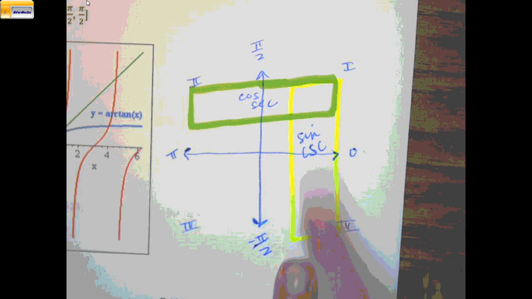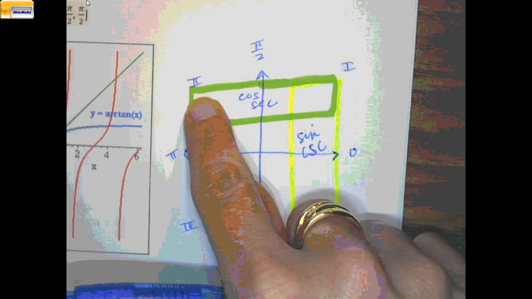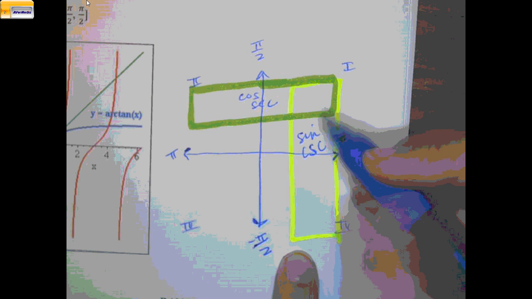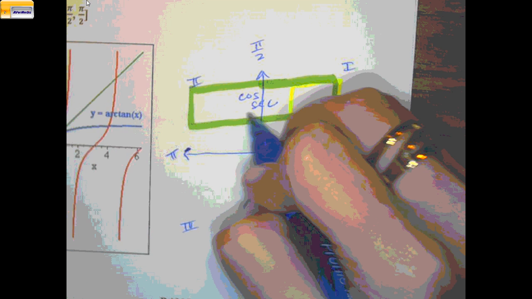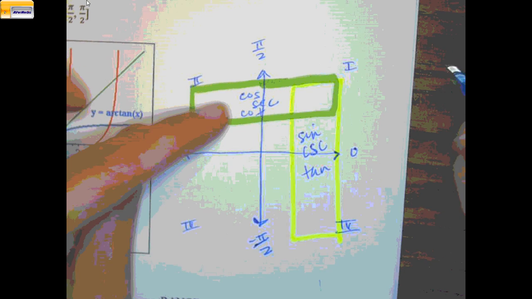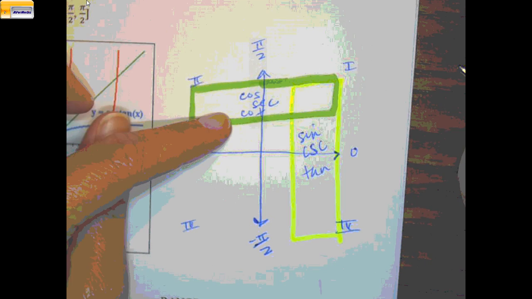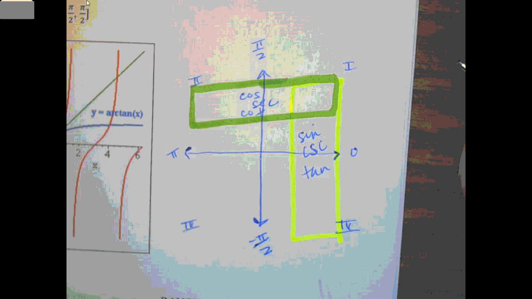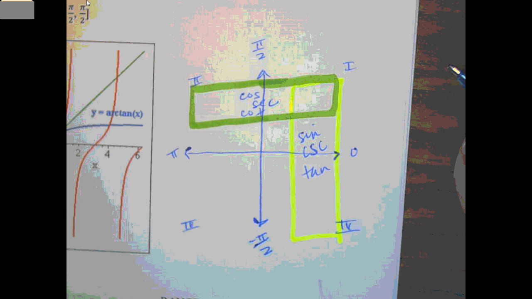So it's sine, cosine, and then tangent, cotangent gets split. Tangent, cotangent. So this one's tangent, this one's cotangent. And you can remember it because cosine and cotangent use the same quadrants.